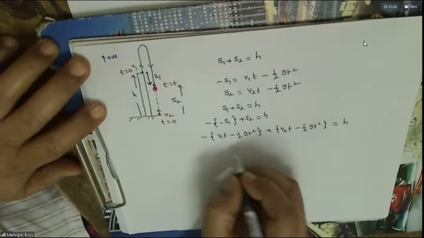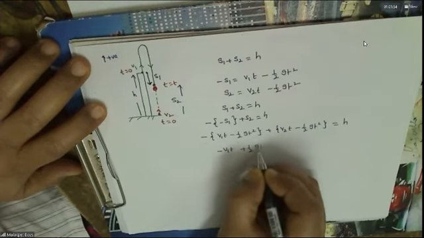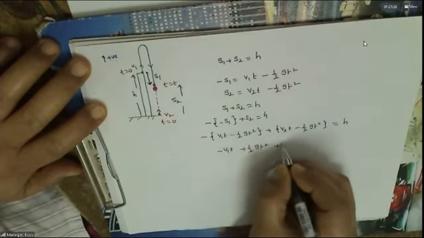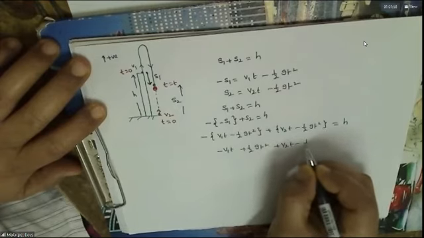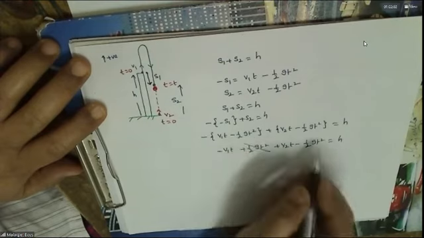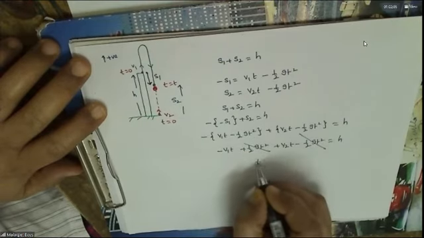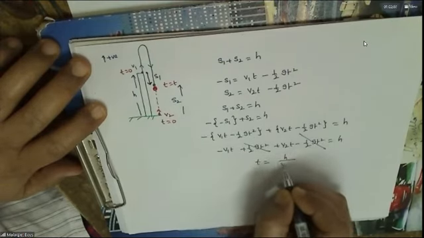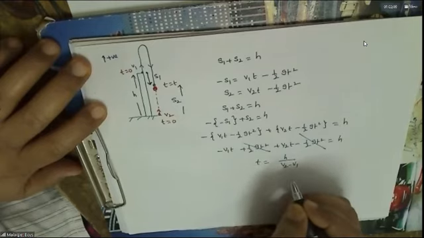Agreed. So this is minus V1t plus V2t, minus half Gt square plus half Gt square is H. So if you strike this, T equals H by V2 minus V1.